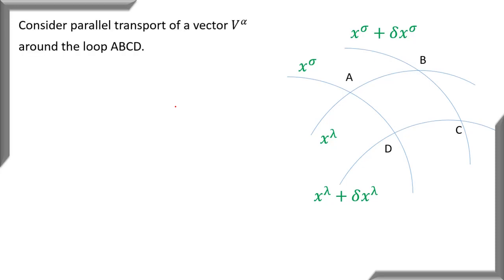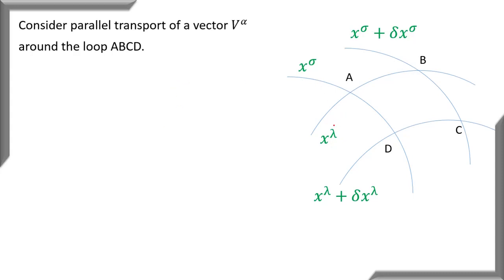And I define a region A, B, C, D, that is the closed curvature. Now when I move from A to B, actually I am moving in the increasing direction of x sigma.